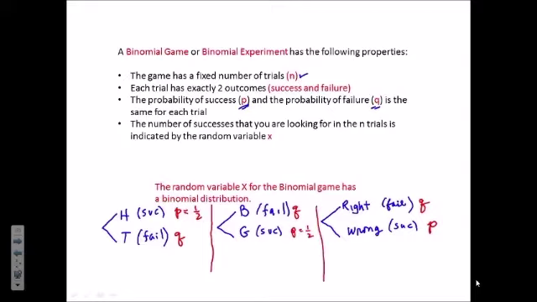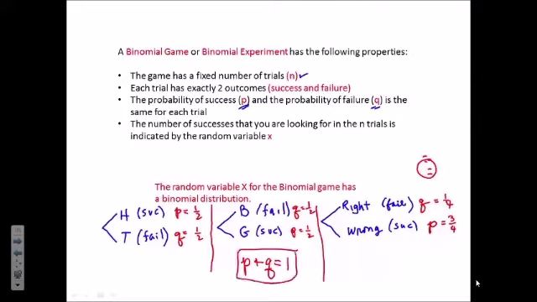If you're guessing the answer to a 4-part multiple choice question, 3 of those parts are wrong, so the probability of getting it wrong would be 3 out of 4. The probability of failure would be 1/2 here, 1/2 here, and 1/4 here. If you notice, in every case, P plus Q always equals 1.